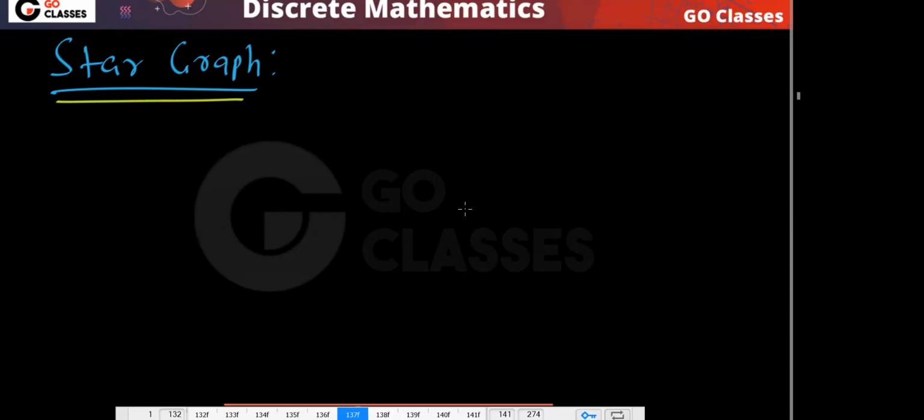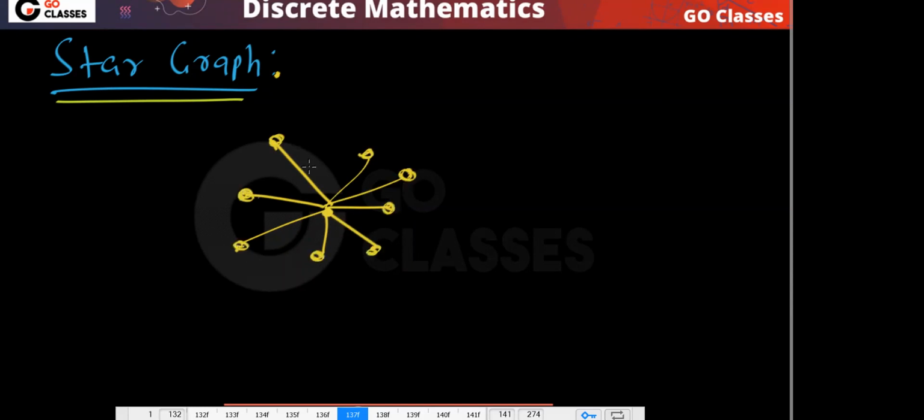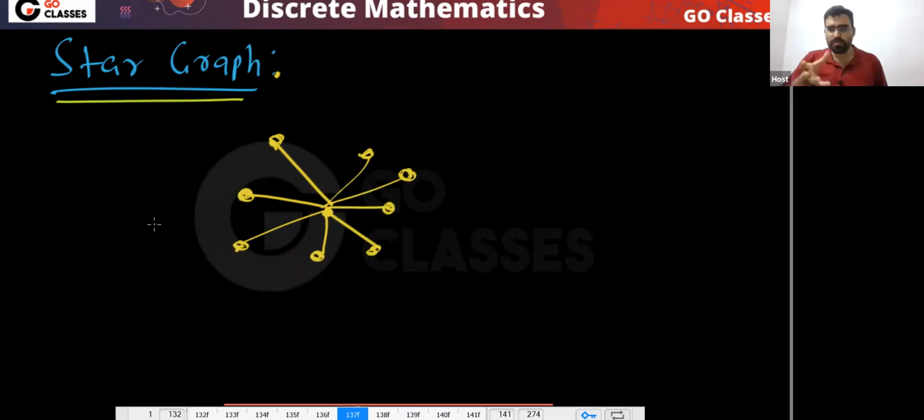Anyway, what is this star graph? A star graph means this type of graph. It looks like Shaktiman's uniform; on the uniform of Shaktiman there is a chakra. Something like that. So this is your star graph. Can you notice what this graph is?